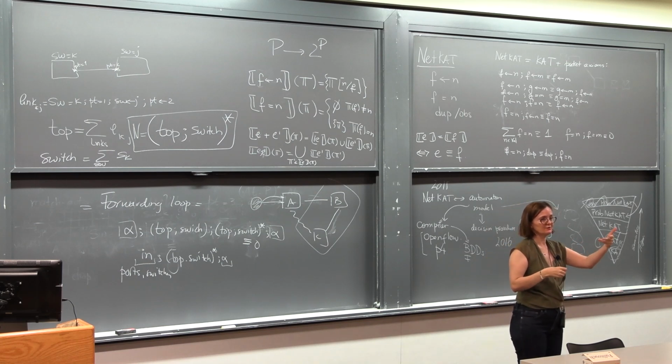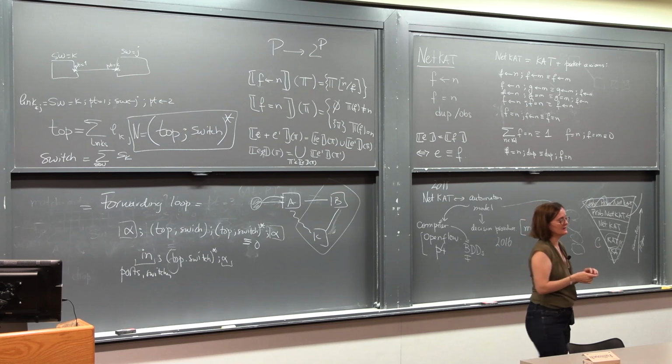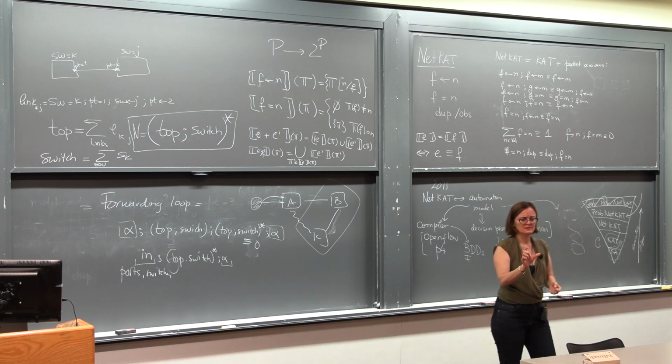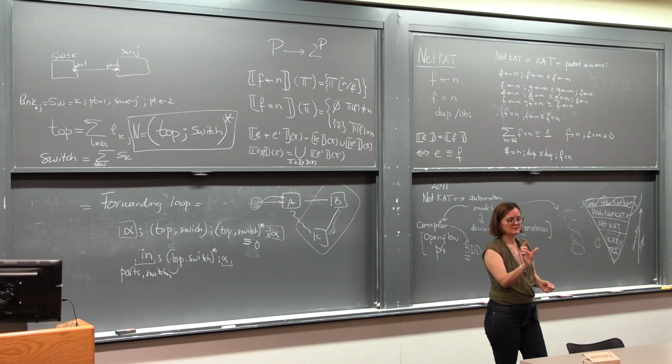I give you the NetKAT expression and show you how to prove algebraically that the packets that are not supposed to go through do not go through. I also show that you can install the policy in 2 different switches and the property is still true, which is something you sometimes want to check.